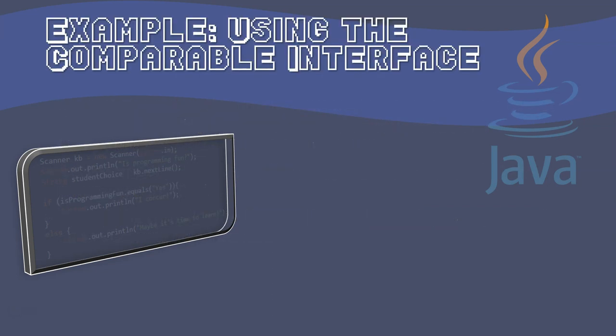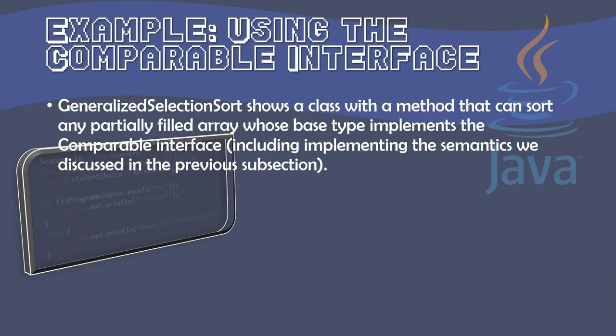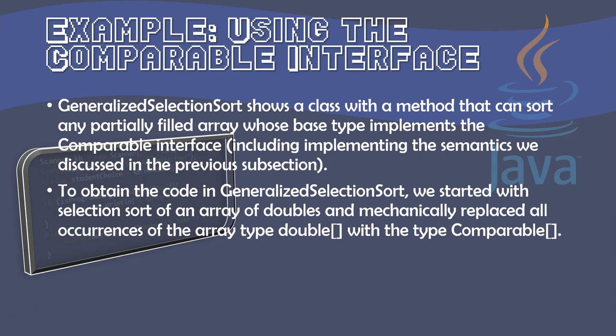So the best way to do this is to use an example. How do we actually implement this? We're going to look in a minute at the generalized selection sort, which is going to show a class with a method that can sort any partially filled array whose base type implements the Comparable interface, including implementing the semantics we just discussed. If we want to obtain that code, we start with a selection sort of an array of doubles and mechanically replace all occurrences of the double array with a Comparable array. You're just swapping it out from one type to the next.